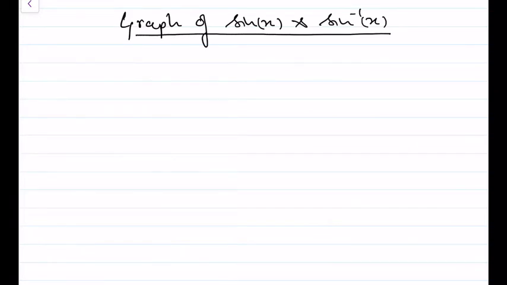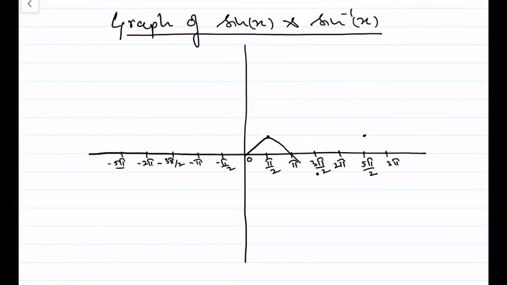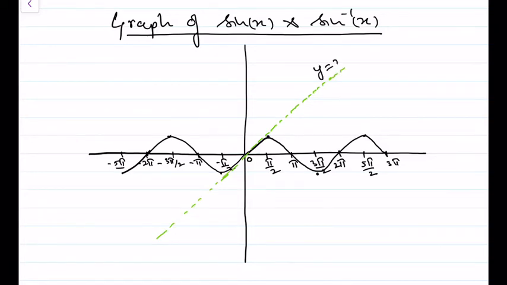Now for the graph of sine x and sine inverse x, let's first graph sine x. And if we draw a reflection of this graph in the line y = x, by restricting the range of values of the reflected curve, then we will get the graph for sine inverse x.